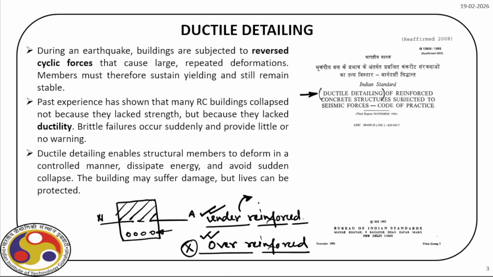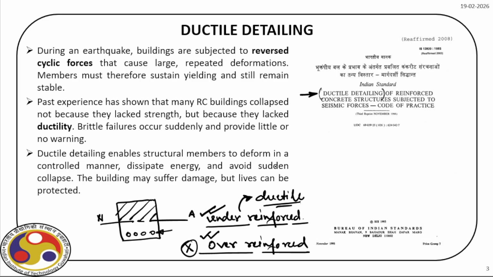Whereas in case of under reinforced section, we have ductile failure, right? And this is very important. When we have ductile failure, we do not have a sudden failure, and that's the reason it is preferred more than over reinforced design of beam section, right?